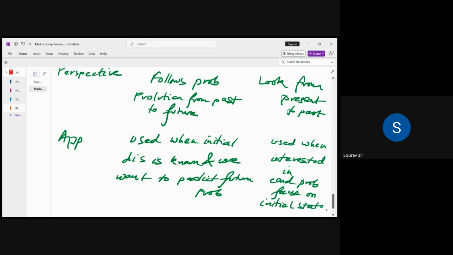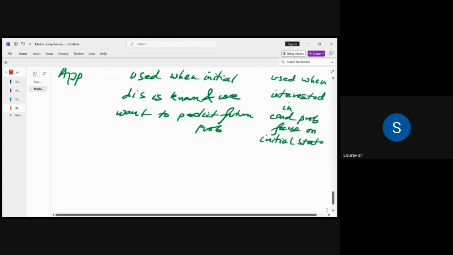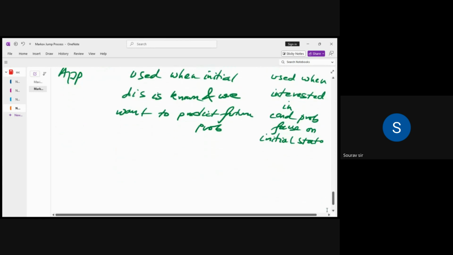It is easier for solving initial value problems, and it is more useful in backward induction problems.